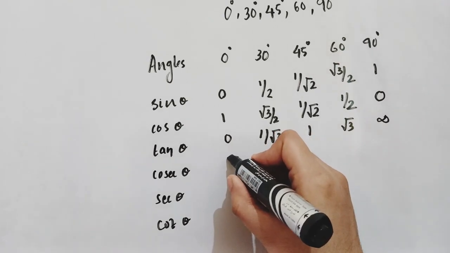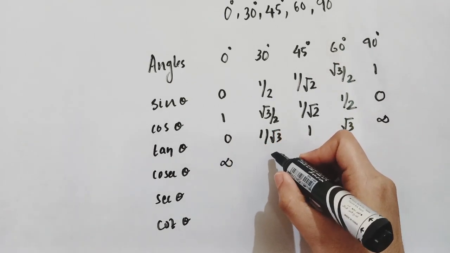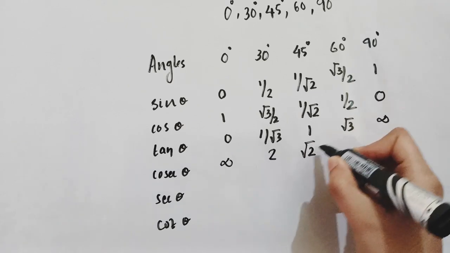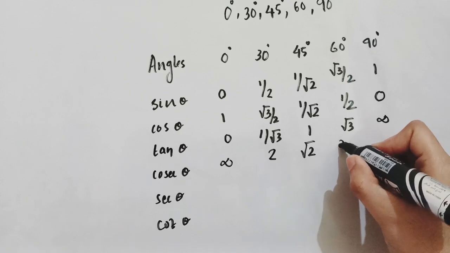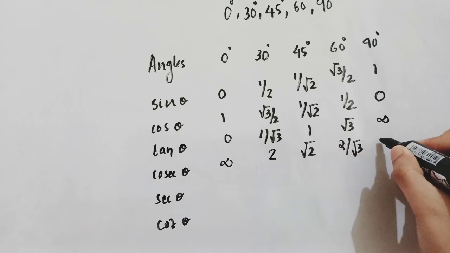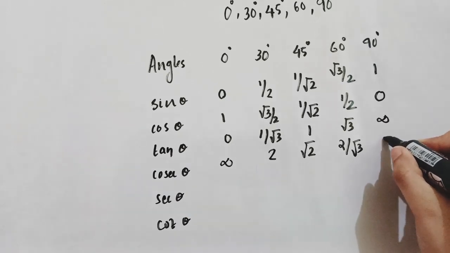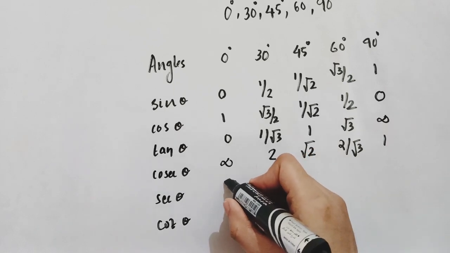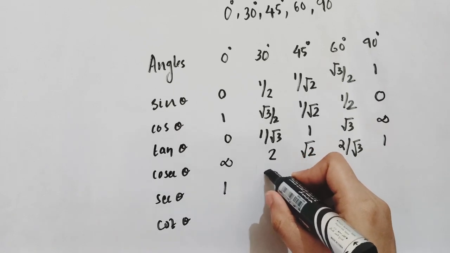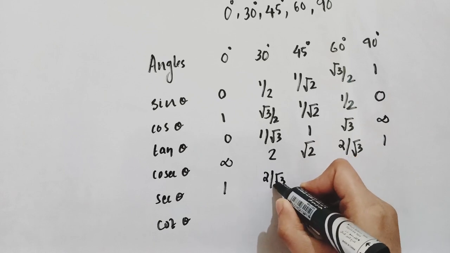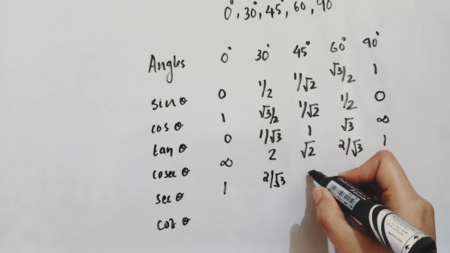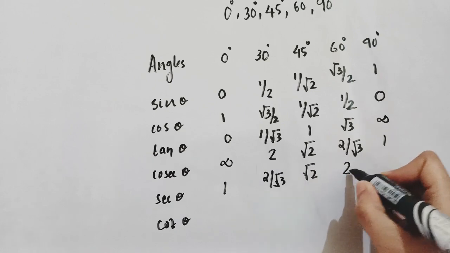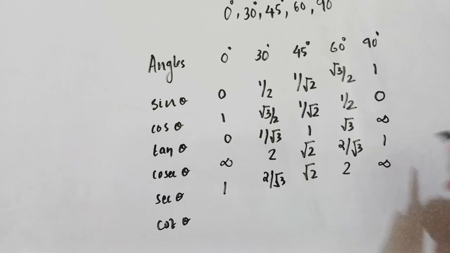Then cosec 0 is infinity, cosec 30 is 2, cosec 45 is root 2, cosec 60 is 2 by root 3 and cosec 90 is 1. Then sec 0 is 1, sec 30 is 2 by root 3, sec 45 is root 2, sec 60 is 2 and sec 90 is infinity.